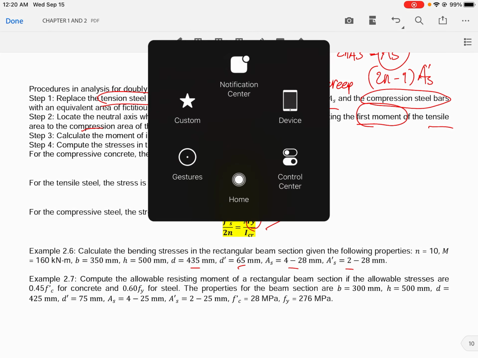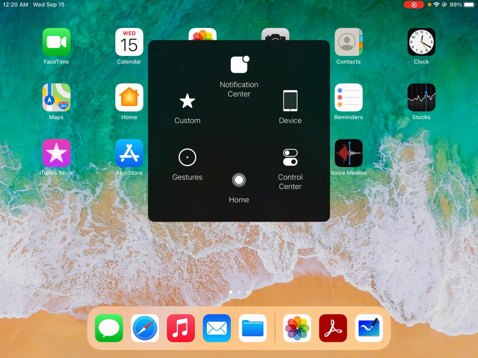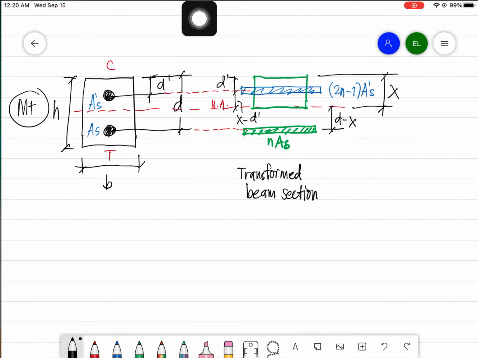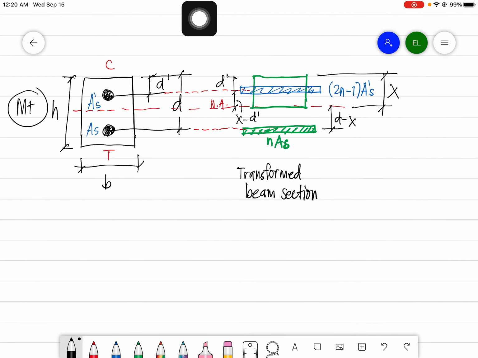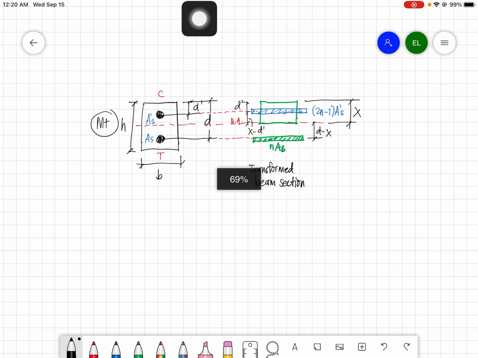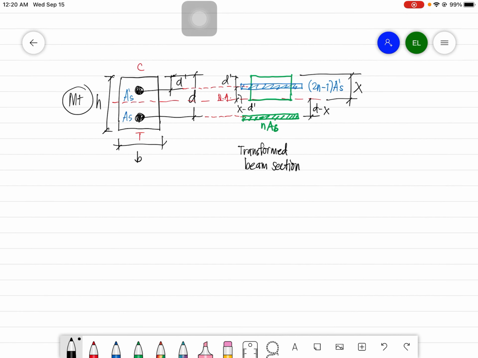Okay, so let me solve example 2.6. Let me draw the figure.